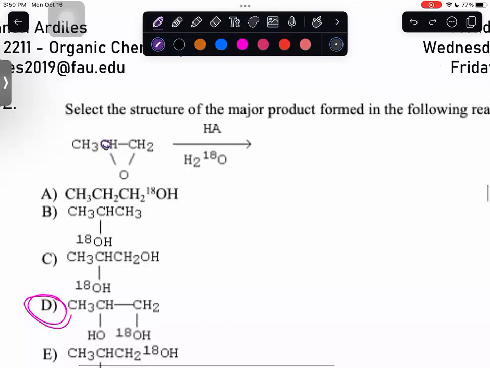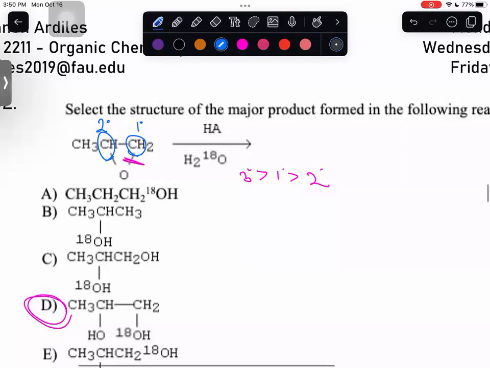So in this case, let's look at our carbons directly connected to the oxygen. The left one, what's the degree? Right one? Ranking for acid cleavage: 3, 1, 2. Am I going to cleave the left one or the right one? The right one.